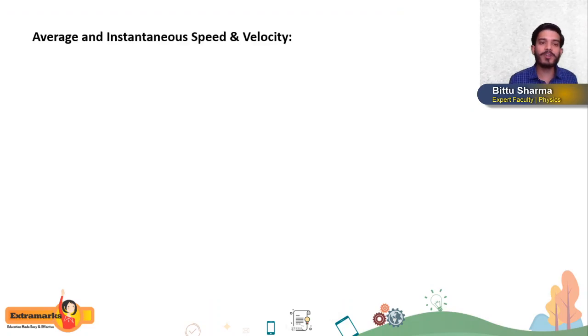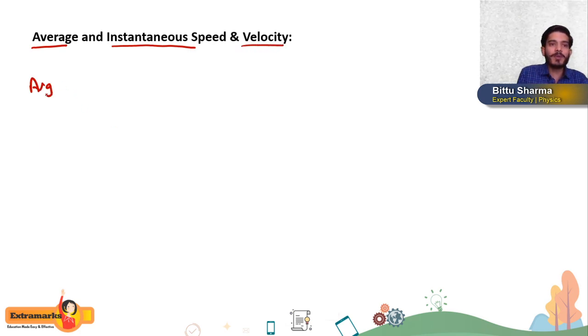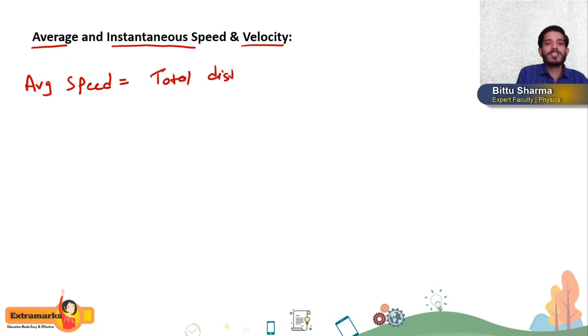Now the questions we will get are based on average and instantaneous speed and velocity. So what is average speed, students? First I will tell you the formula and then I will tell you a short trick. Average speed is the total distance divided by total time.